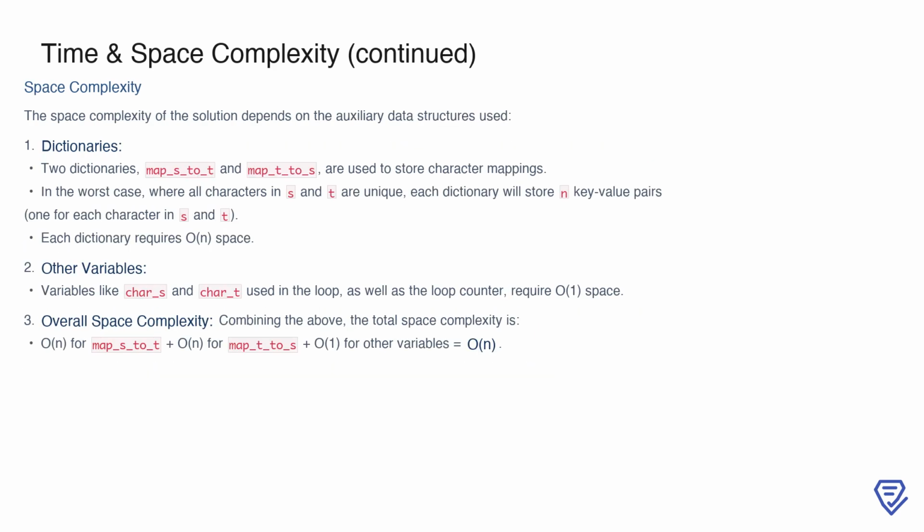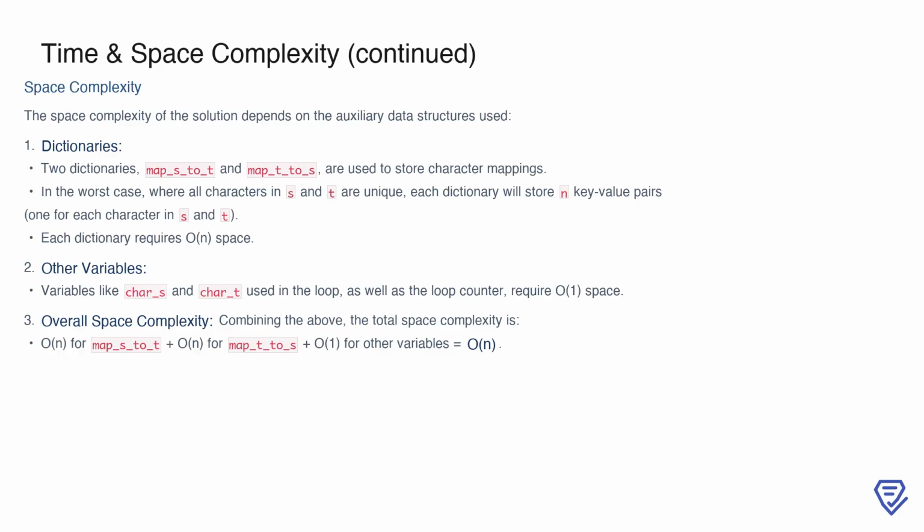Now, let's analyze the space complexity. The solution uses two dictionaries, map_s_to_t and map_t_to_s, to store mappings between characters in the strings. In the worst case, where all characters in s and t are unique, each dictionary will need to store n key value pairs, one for each character. This means each dictionary takes O(n) space.